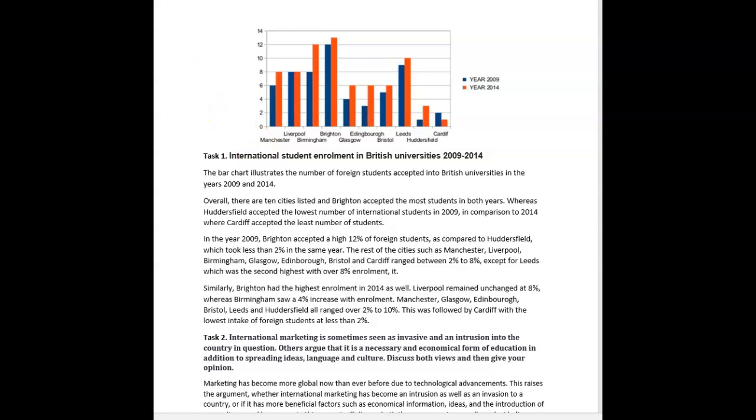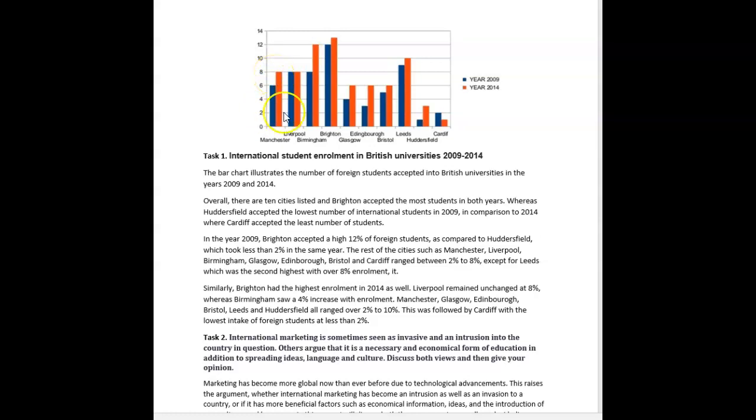So apart from that, I really like the way you did it. So you talked about this high for Brighton, then you talked about the low, which was good. So you got the outliers done with. And then you said that the rest of them were all between, I think you said 2 and, did you say 8?